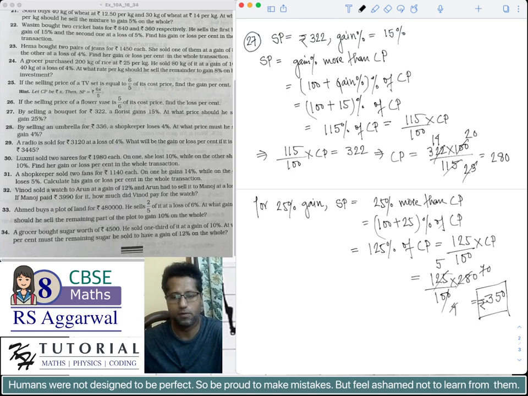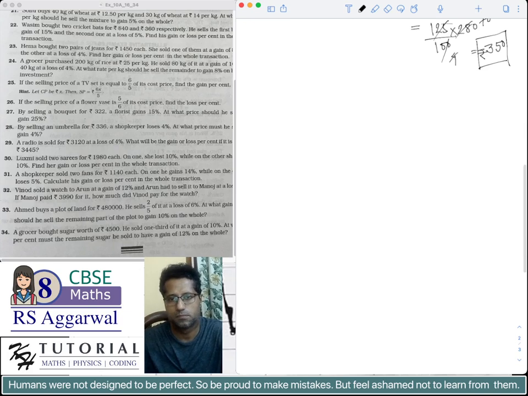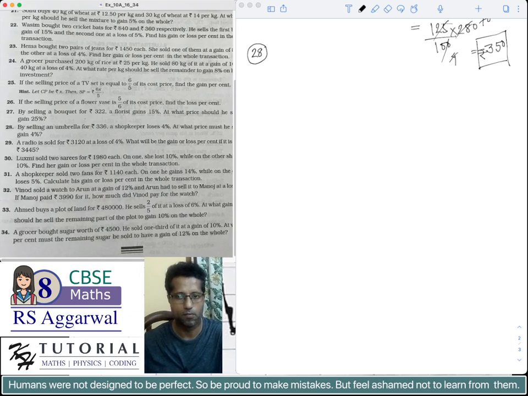Okay, let's solve question number 28. By selling an umbrella for rupees 336, a shopkeeper loses 4%. At what price must he sell it to gain 4%?